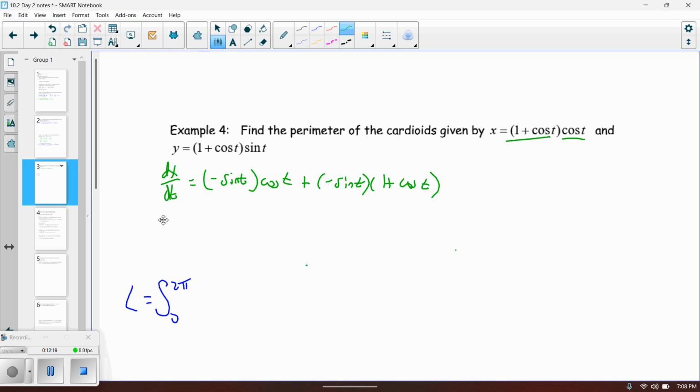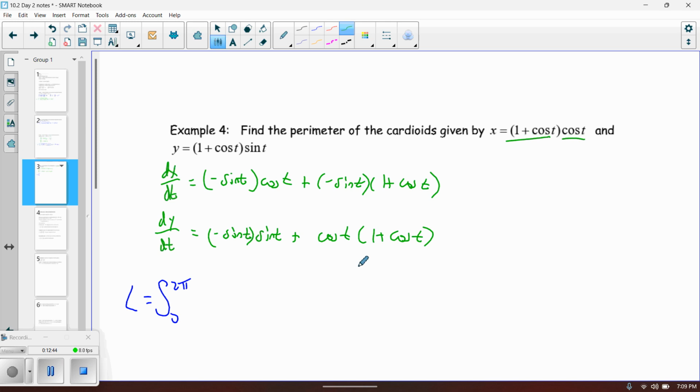And then dy over dt, very similar. The derivative of that first piece is negative sine t times the second piece, which is sine t, plus the derivative of the second piece, which is cosine t, times the first piece, which is 1 plus cosine t.